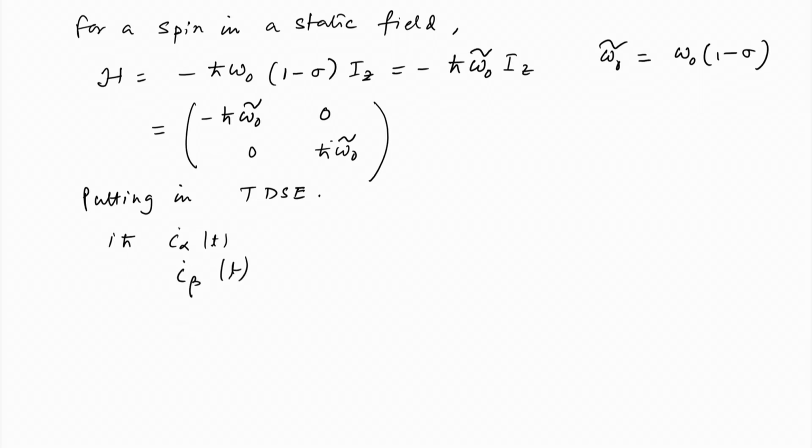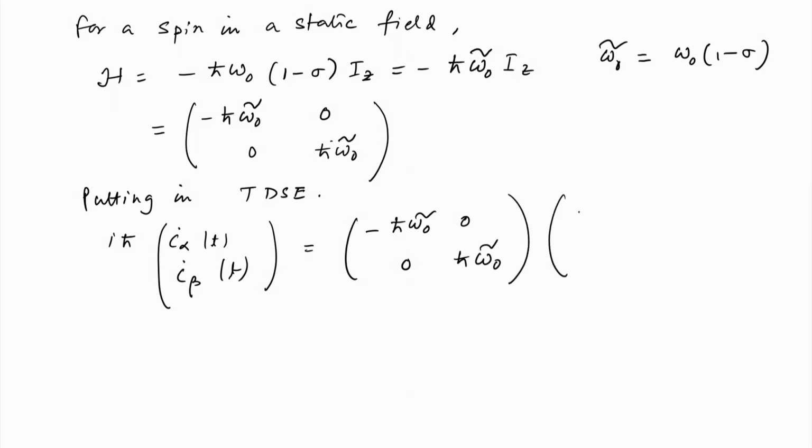If you are unable to see that dot, please look at it carefully. So, this is equal to the matrix minus h cross omega naught, 0, 0, h cross omega naught, acting on C alpha(t) and C beta(t), and so on.